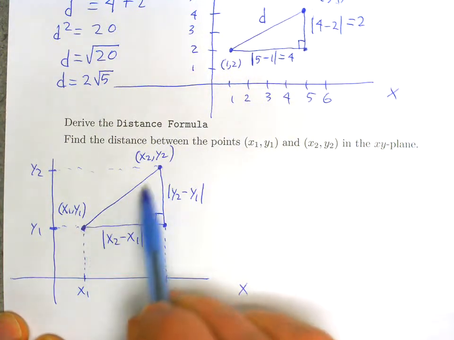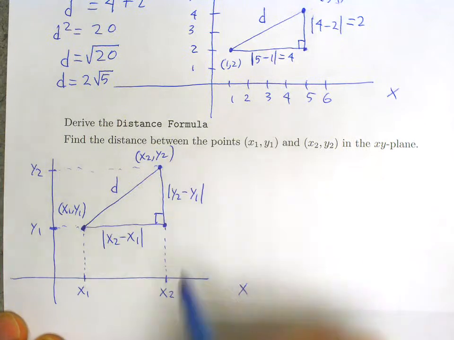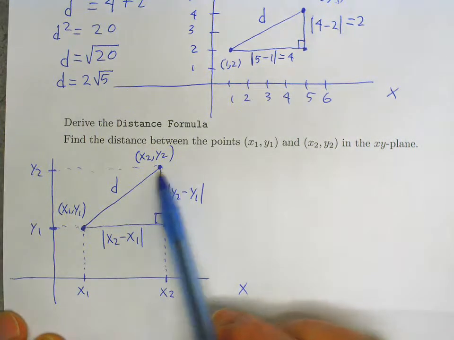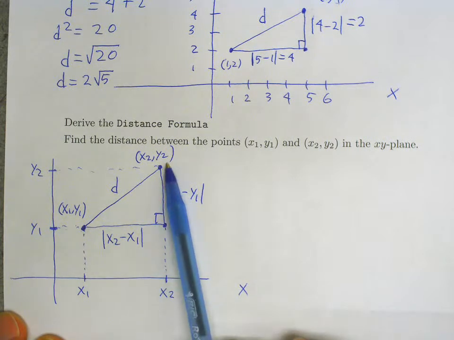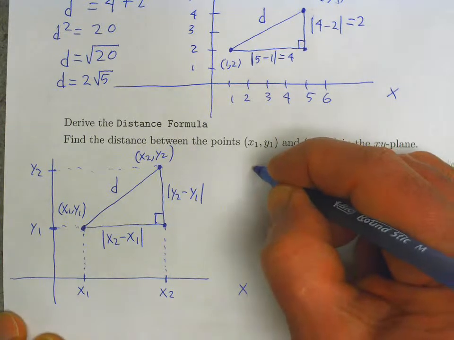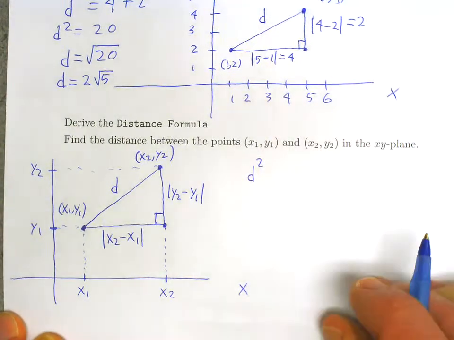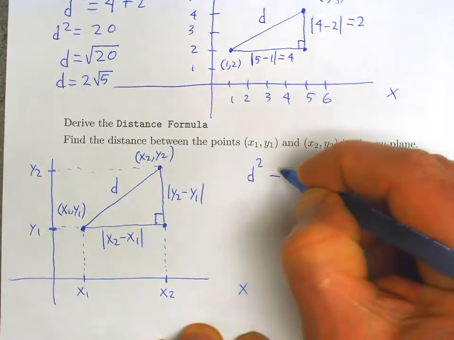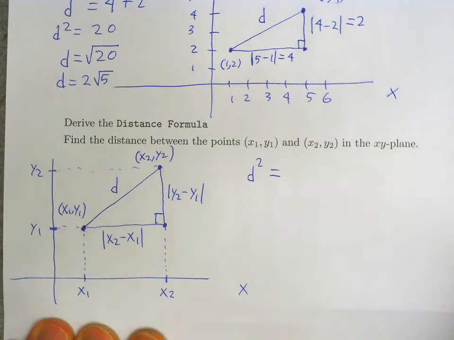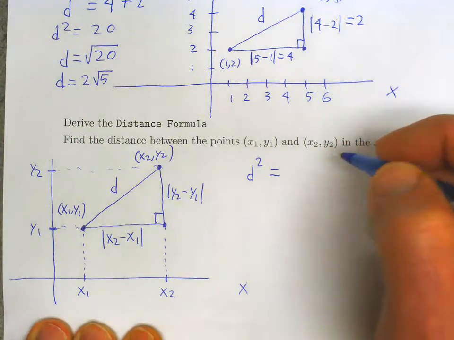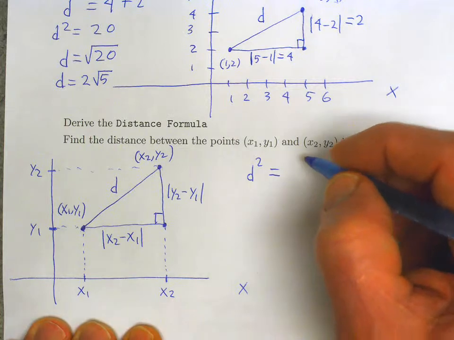Okay, then we'll label the hypotenuse d again because that represents the distance between those 2 points. And then we apply the Pythagorean theorem to this right triangle. So we square the length of the hypotenuse, d squared, and then that's equal to the absolute value of x2 minus x1 squared. But since we're squaring it, we don't need the absolute value symbols anymore, because whenever you square a positive or a negative number, you get a positive number.